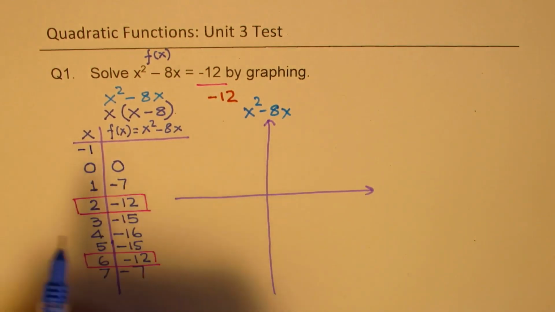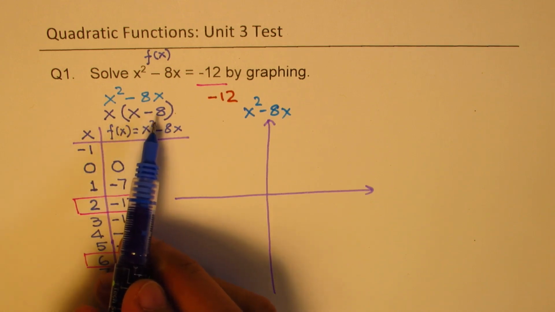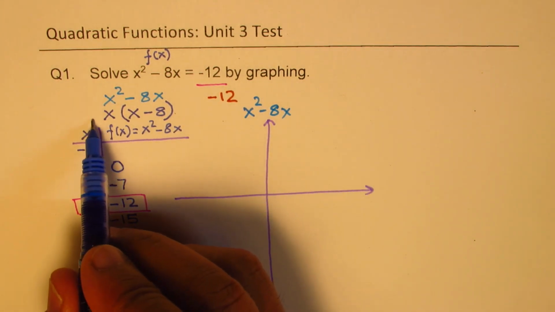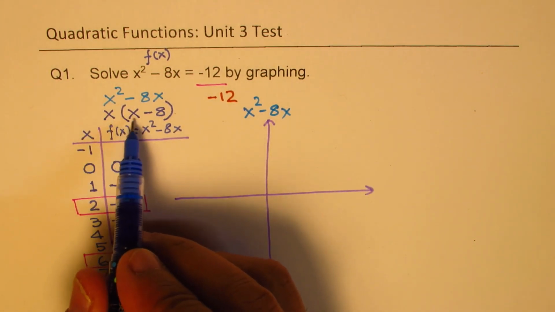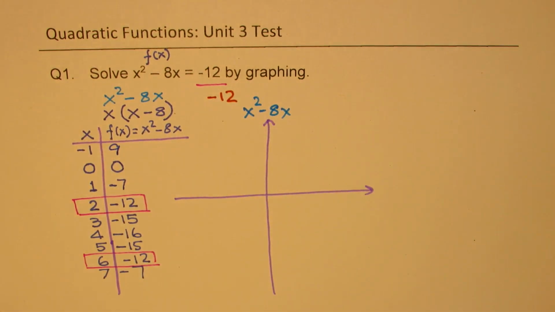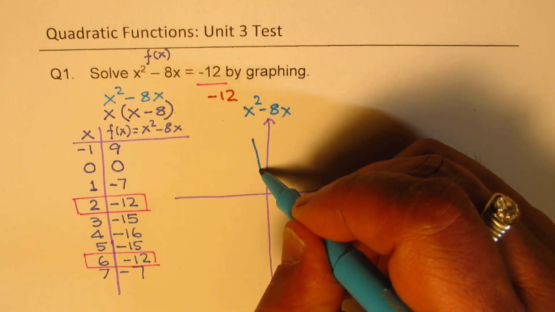If I write minus 1 here, I get minus 1 minus 8 is minus 9. So at minus 1, we get the value as plus 9. Correct? So you can see that the graph of this parabola will be kind of like this.